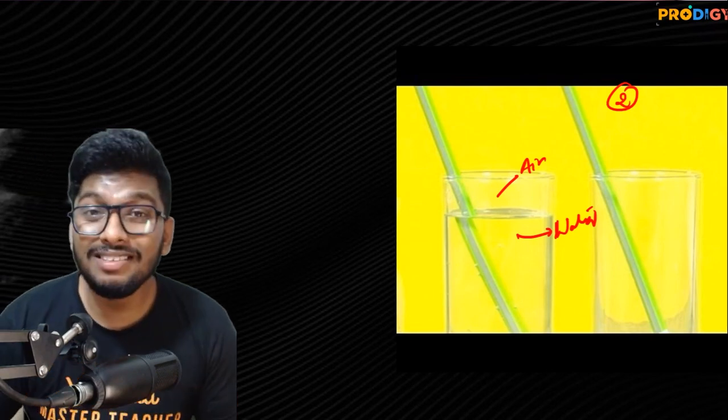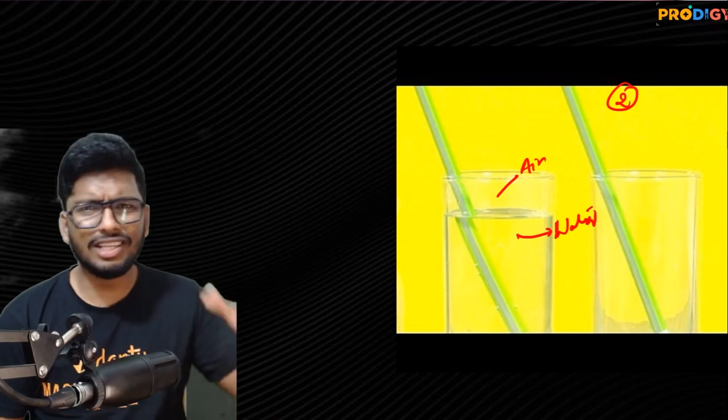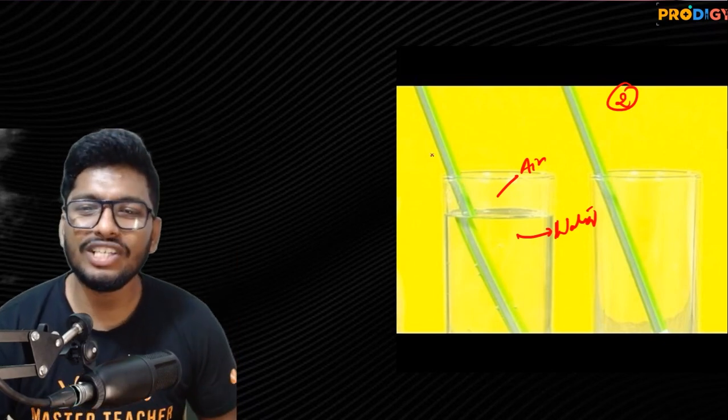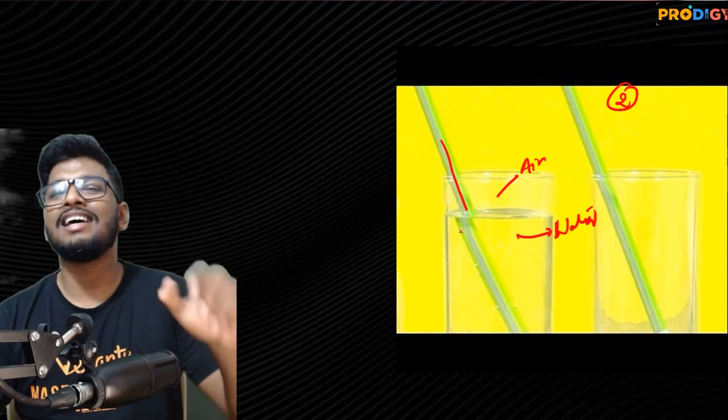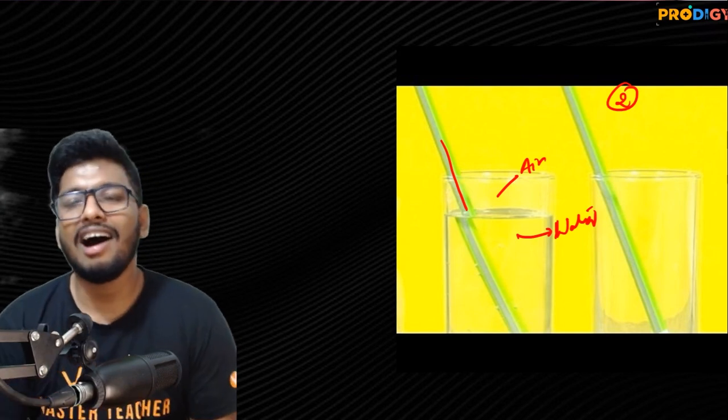And when that happens, the bending of the light ray happens. Just like the car changing its path slightly because of that change in speed, light also changes its path very slightly. And that is why you see this, guys. The straw looks like it's been cut in half and then displaced, or shifted halfway through.